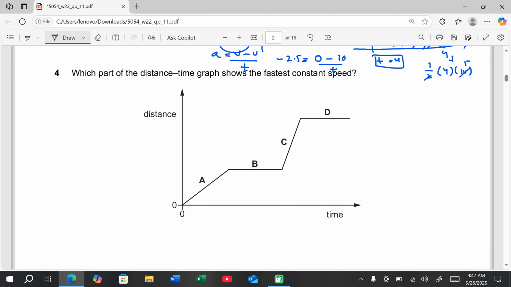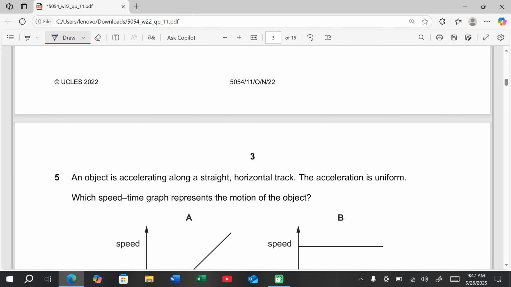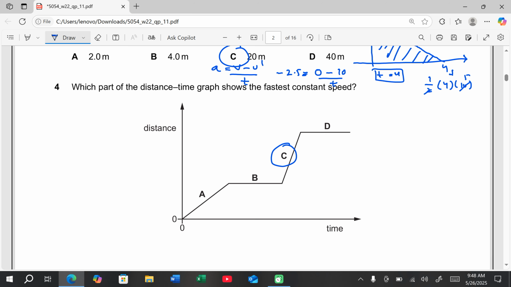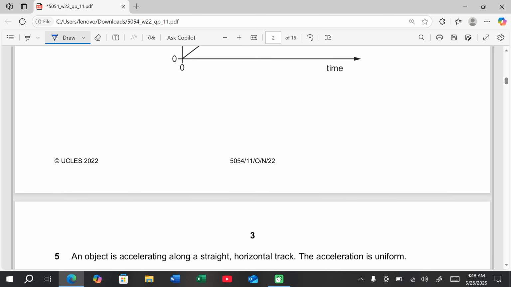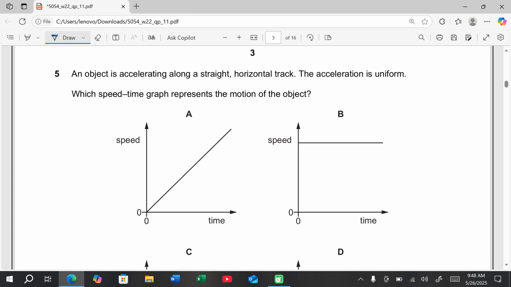Which part of distance time graph shows the fastest constant speed? The fastest constant speed is the one where the gradient is greater, so that's C, because the gradient of the distance time graph is your speed. The object is accelerating on a straight horizontal track.